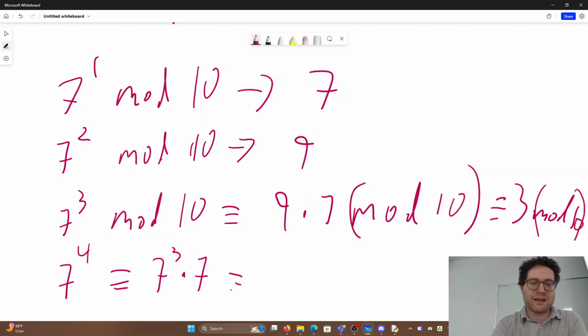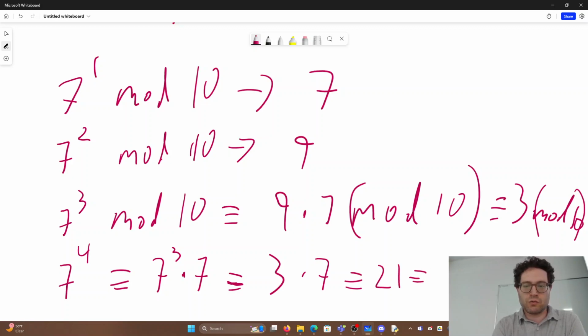We know what 7 to the 3rd is. That's 3. So that's 3 times 7, which is congruent to 21, congruent to 1 mod 10.